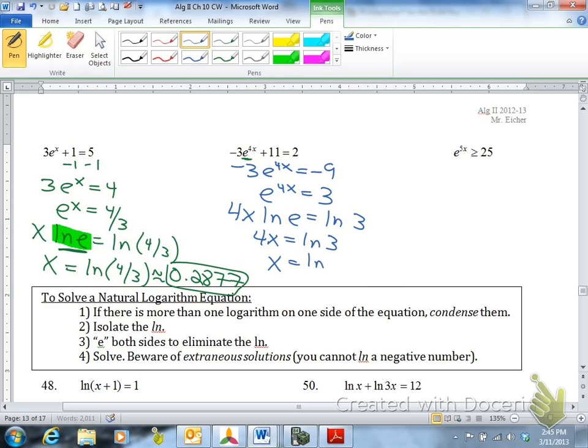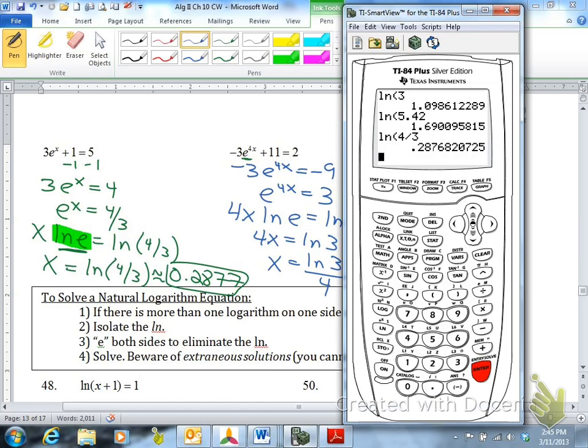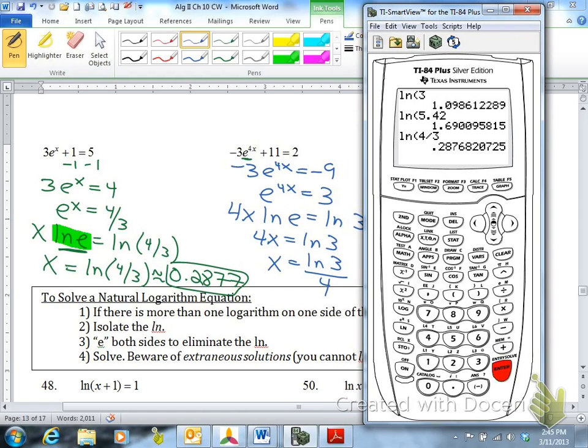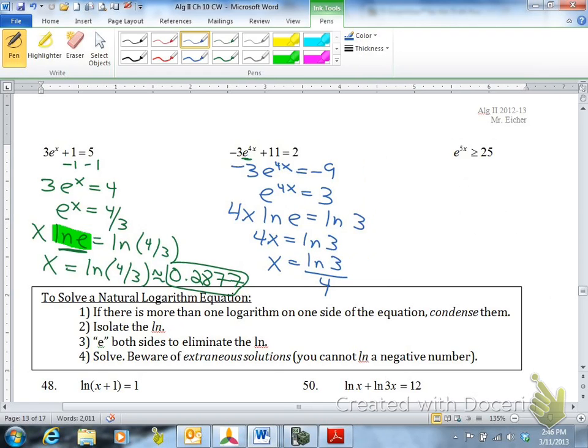X equals ln 3 over 4. And be careful when you type this into your calculator, because you need a parenthesis. You would have ln 3 in parentheses, that's the numerator, and then divide by 4. So you get 0.2747.